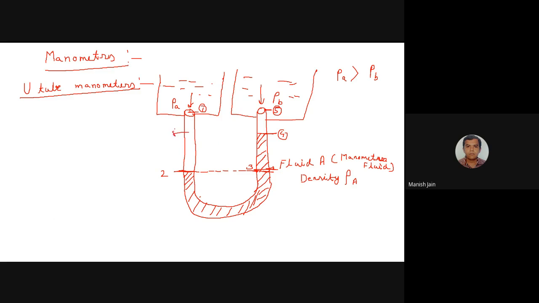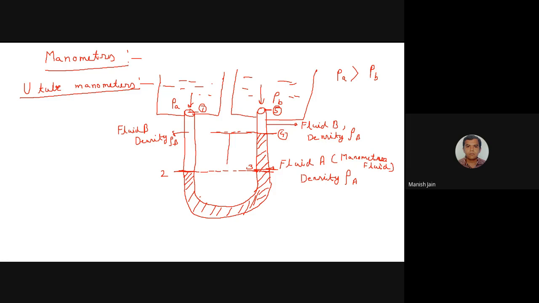Here you have the fluid B with density rho B. Similarly, on this side also you have the fluid B with density rho B. Now the difference between the levels of the manometer fluid, from here to here.